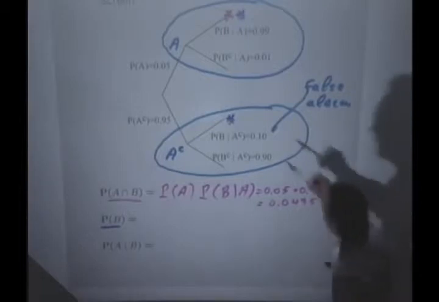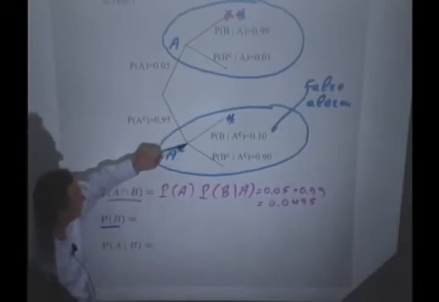So to find the probability of this event, we need to add the individual probabilities of these two outcomes. For the first outcome, we already calculated it. For the second outcome, the probability that this happens is going to be this probability, 95%, times 0.10, which is the conditional probability of taking this branch, given that there was no plane out there. So we just add the numbers, 0.05 times 0.99 plus 0.95 times 0.1. And the final answer is 0.1445.